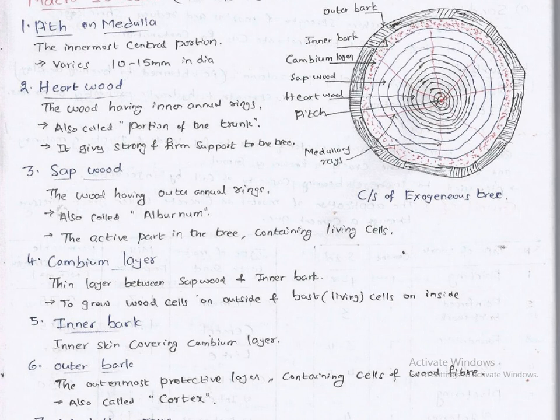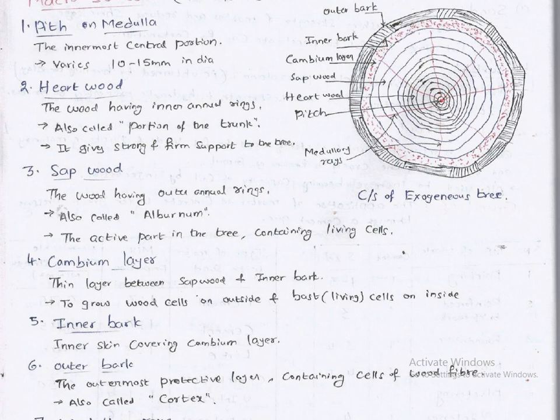Inner bark: the inner skin covering the cambium layer. Outer bark: the outermost protective layer containing cells and wood fibre, also called cortex. Medullary rays: thin radial fibers extending from pith to the cambium layer at right angles. They hold together the annual rings and the heart and sapwood.